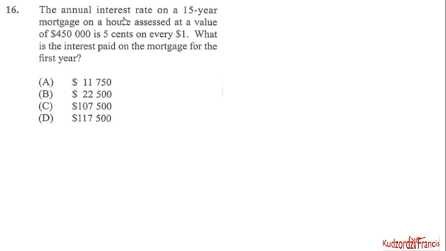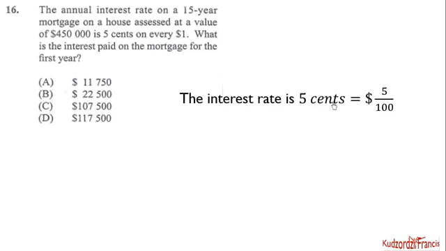The interest rate on a 15-year mortgage on a house assessed at a value of $450,000 is 5 cents on every $1. What is the interest paid on the mortgage for the first year? So we know the interest rate is given by 5 cents, which is the same as 5 out of $100.